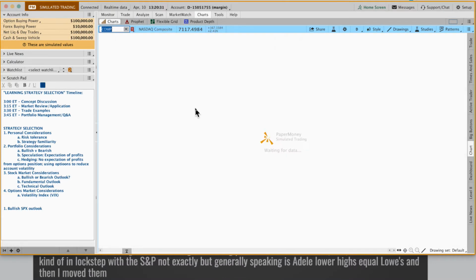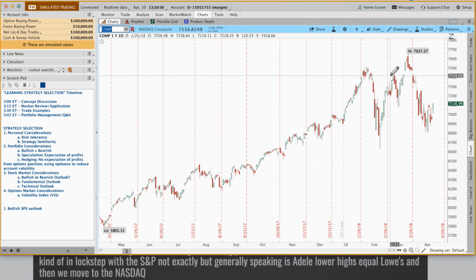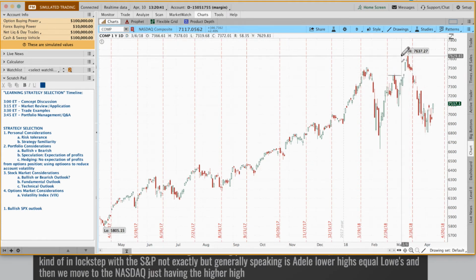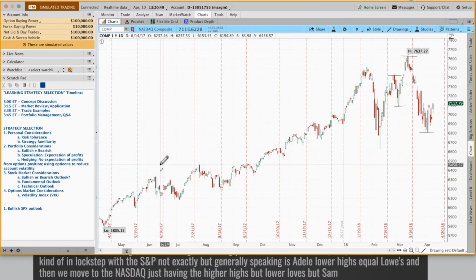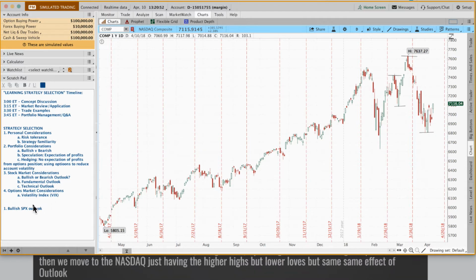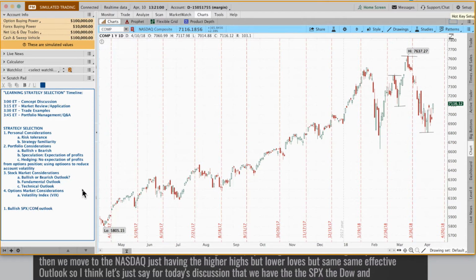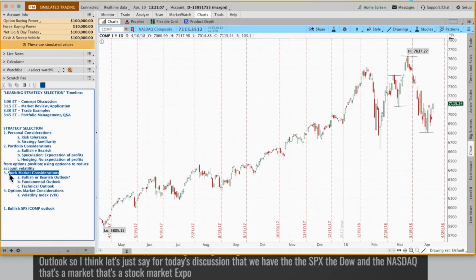And then as we move to the NASDAQ, I think the NASDAQ is a more prominent example of just having the higher highs but lower lows. But same effective outlook. So I think let's just say for today's discussion that we have the SPX, the Dow, and the NASDAQ. Let's say that we have a bullish outlook. That's a stock market expectation.